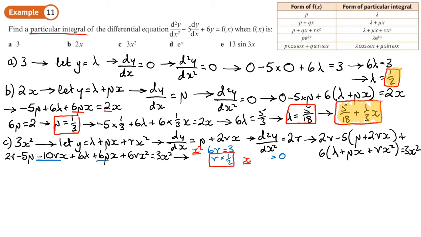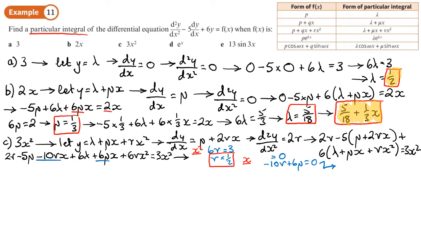This one here. So that'll be negative 10 nu plus 6 lambda equals 0. So we now want to solve that.